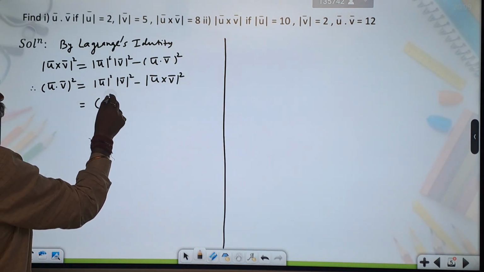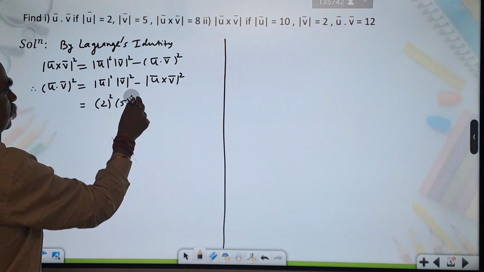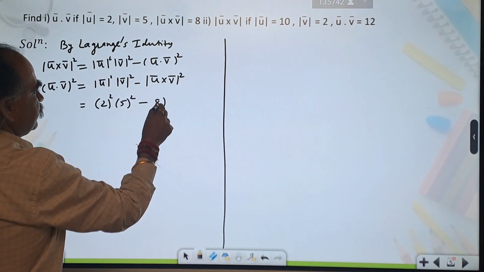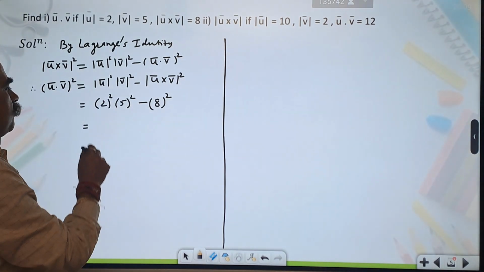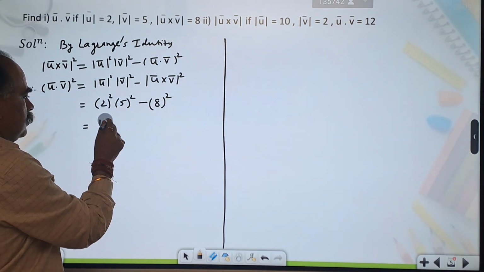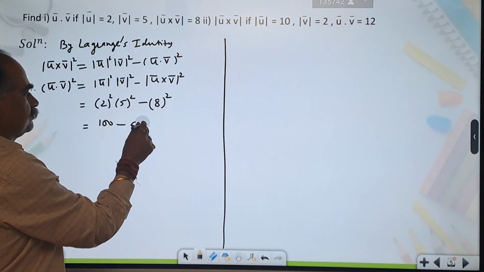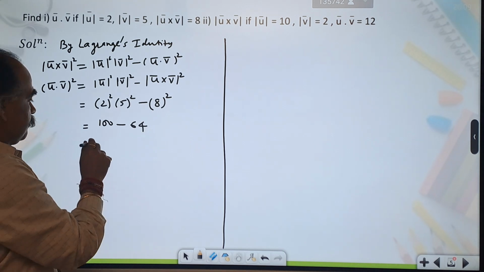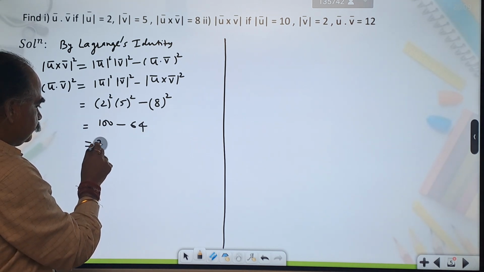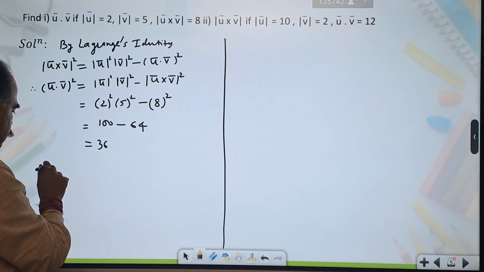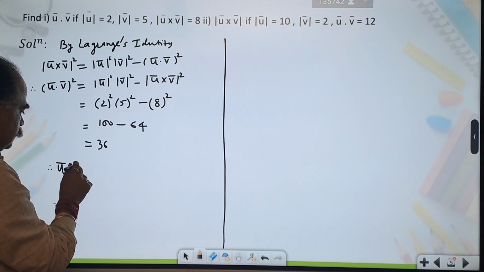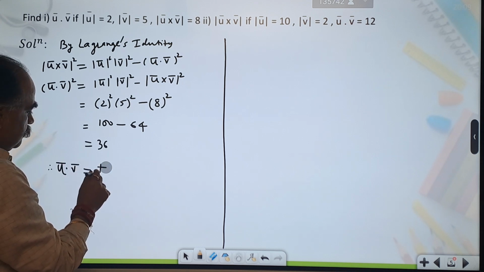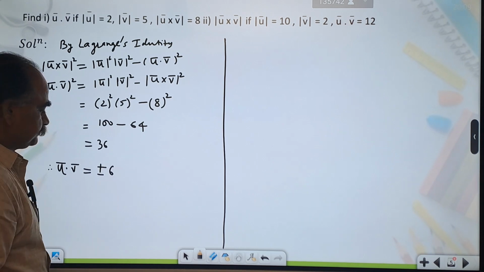So 2 square into 5 square minus 8 square. 25 into 4 minus 64 will give you 36. So u dot v is plus minus 6.